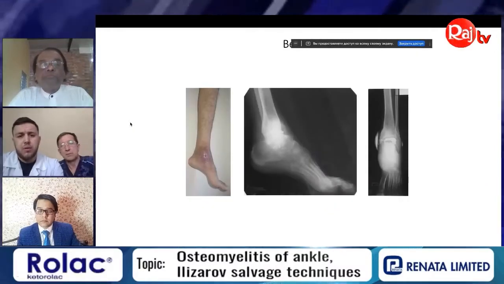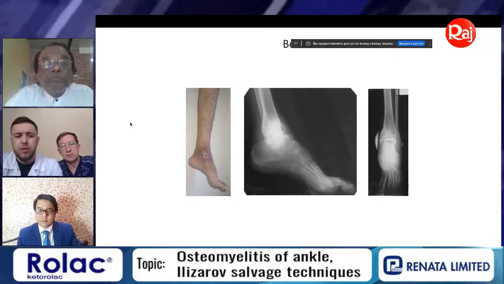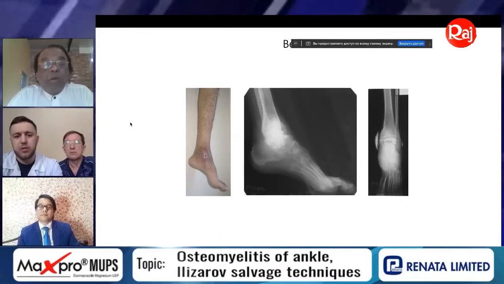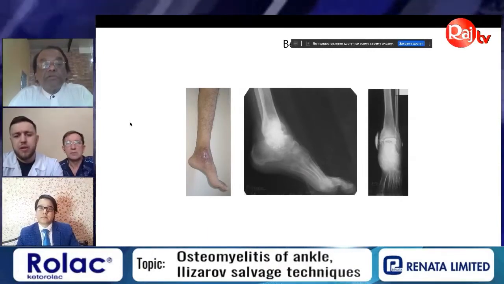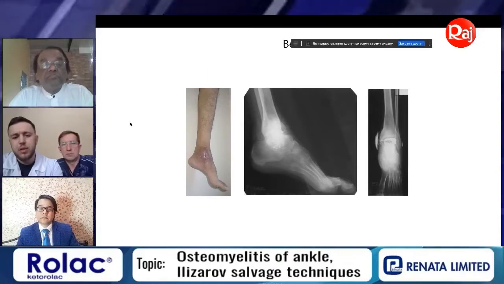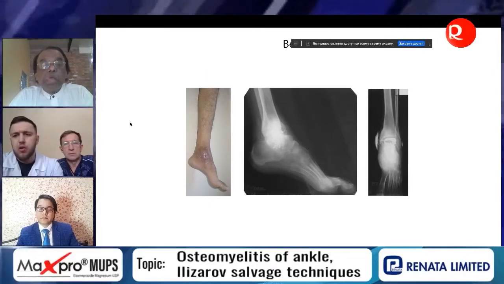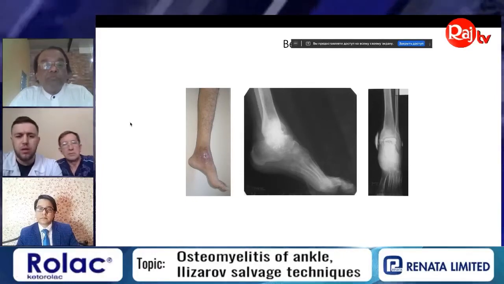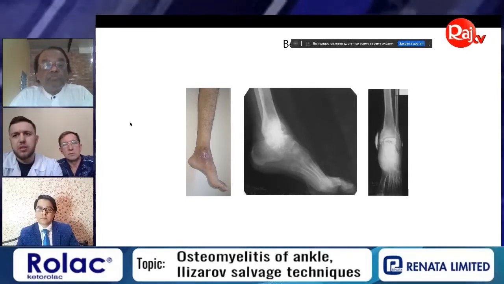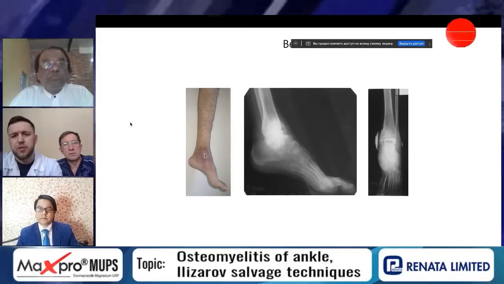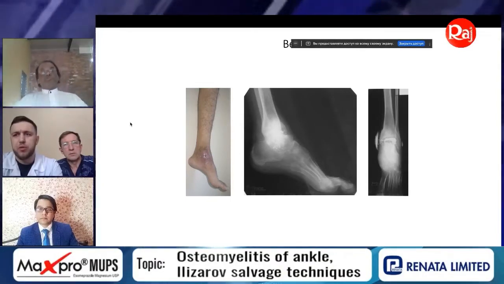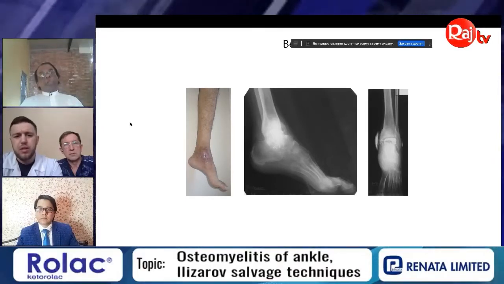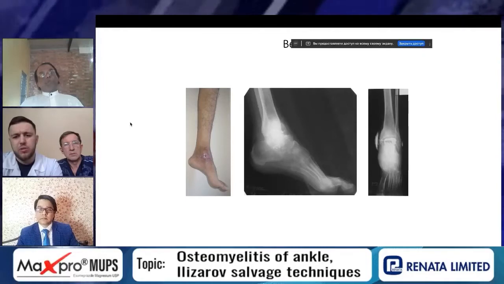One typical example is monolocal osteosynthesis of a patient with open dislocation and fracture of the talus. After that trauma, the patient developed an infection process, osteomyelitis of the talus.